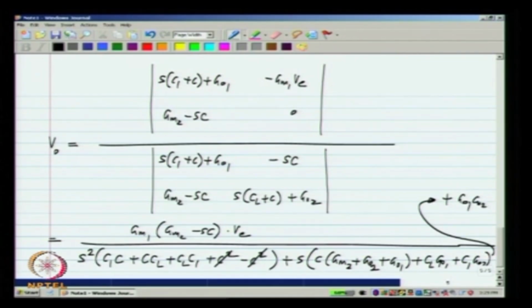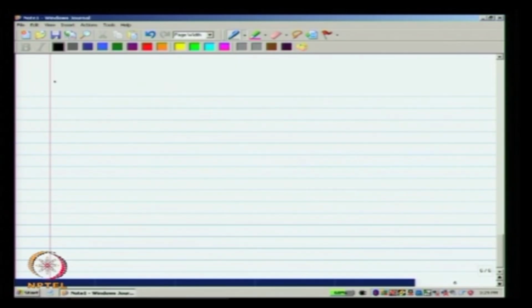So, let me just rewrite it, and also I will take VE to the left hand side, so that I get the transfer function V0 by VE.